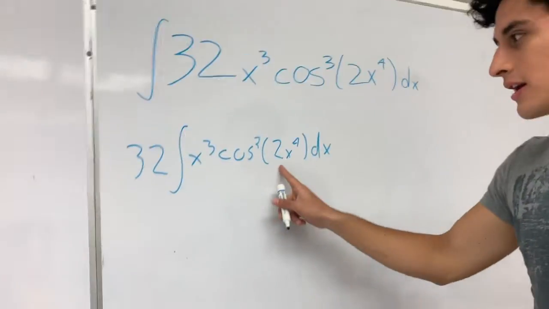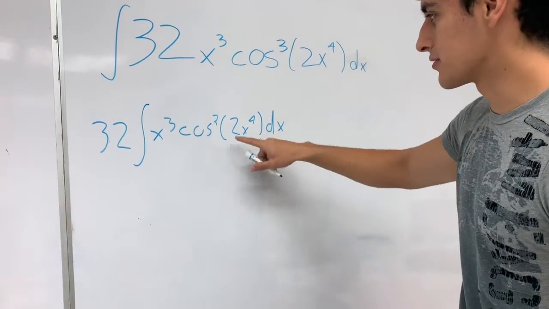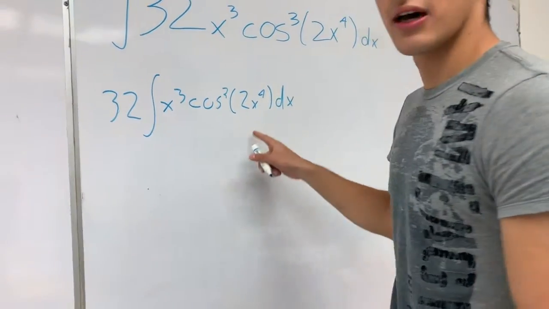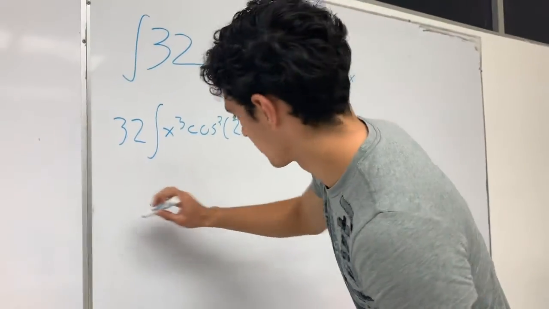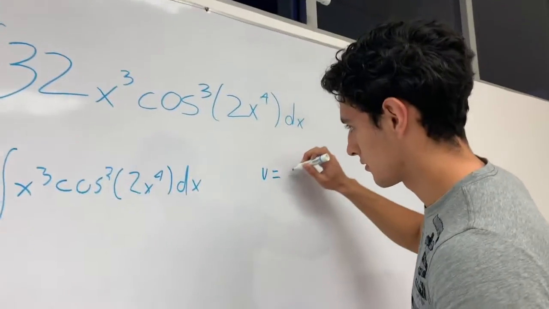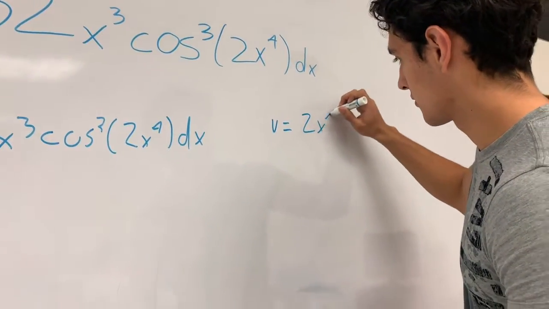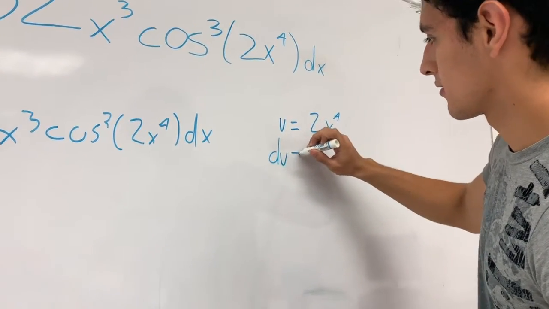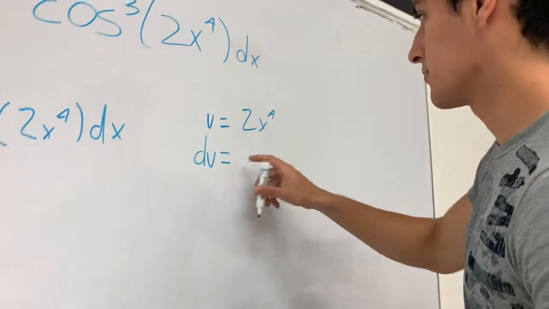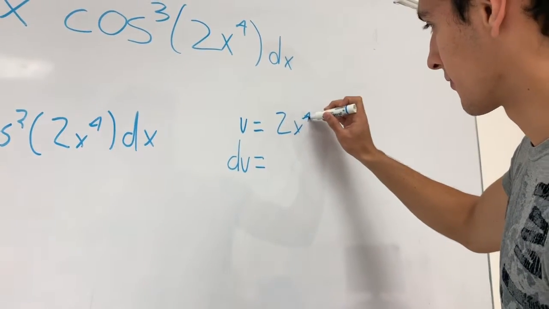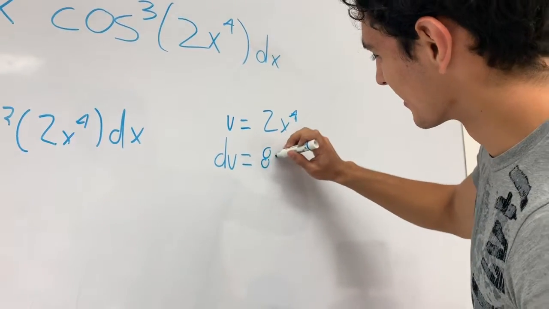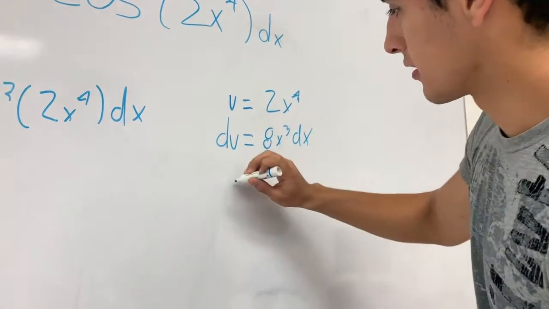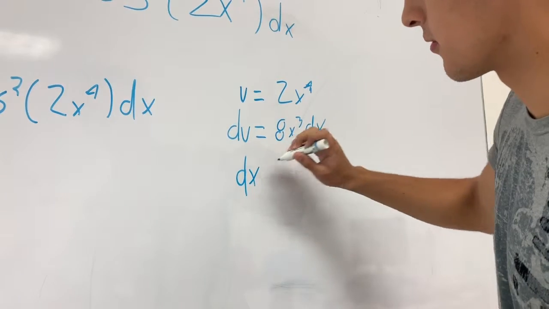Then, in this case, we're going to choose 2x to the fourth power as our u. So we solve for du. This is a 4. And we want to know what dx is.